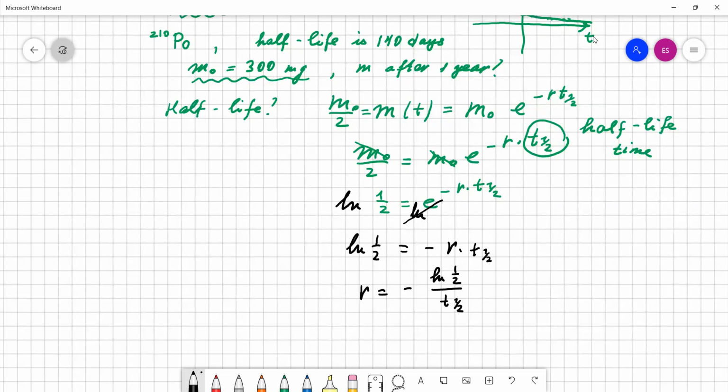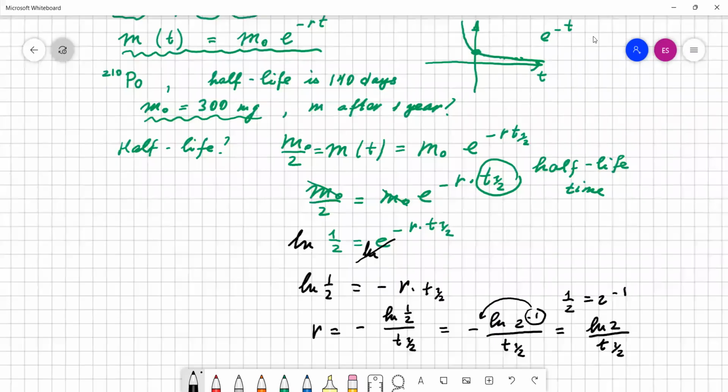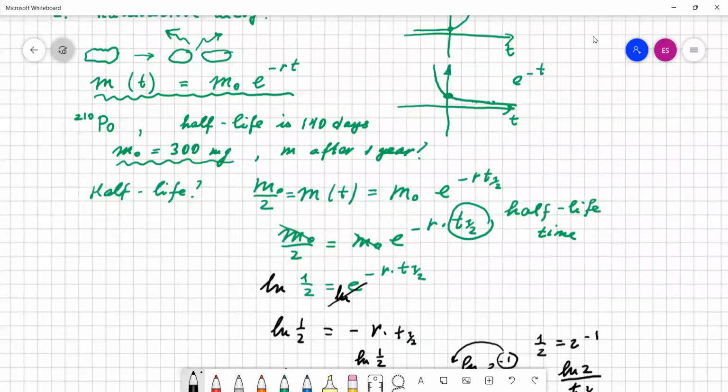The formula looks very ugly, right? But we remember that 1/2 is actually 2 to the negative 1. So I'm going to modify this to ln of 2 to the negative 1 over T1/2. And this negative 1 can be taken outside, and minus times minus gives us plus, and the formula looks a little bit less complicated, right? So the rate of decay in our case is just ln of 2 divided by T1/2. So we can use the numbers given in the problem and calculate it.